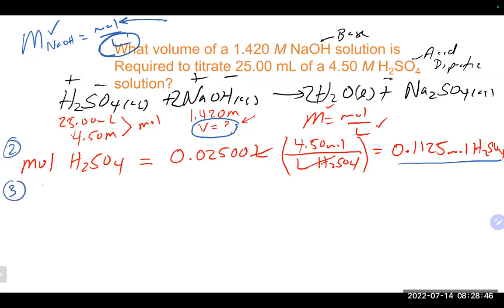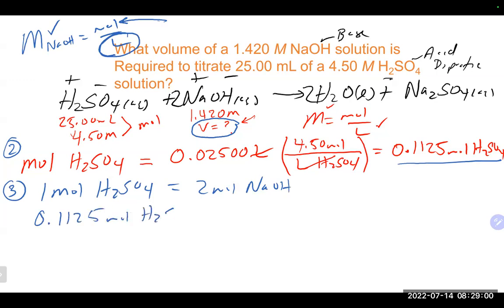From the equation, we see that for every 1 mole of H2SO4, you get 2 moles of sodium hydroxide. So we'll do the stoichiometry part here. 0.1125 moles of sulfuric acid. We want the moles of sulfuric acid on the bottom, and the moles of sodium hydroxide up on top.